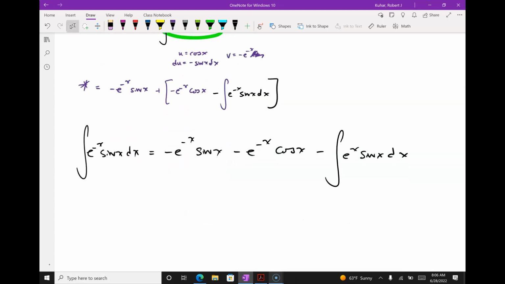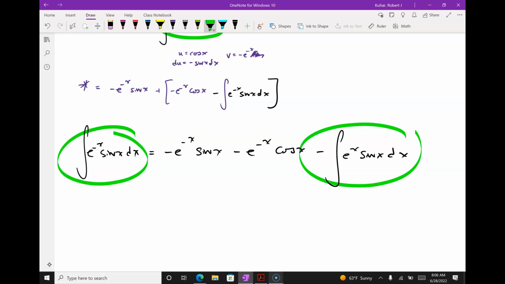And notice that this term, whatever it is, remember it's an area, or a volume or whatever. So I can add it to both sides, right? So I'm adding this integral to both sides, and now I'm going to have two of those on the left.